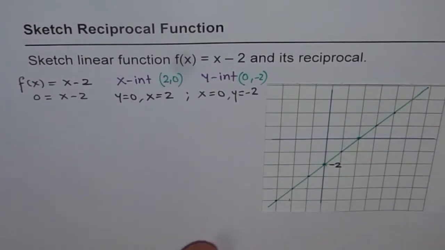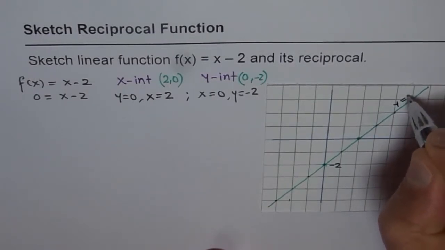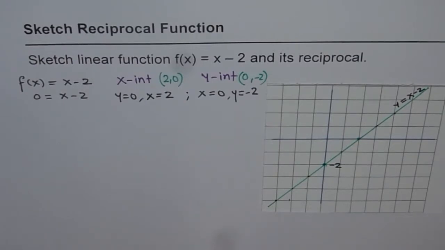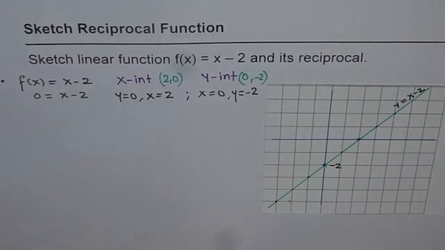This line is our function f(x), which I can write here as y = x - 2. That is the first part, when we have sketched the line. I hope you have understood both the methods.